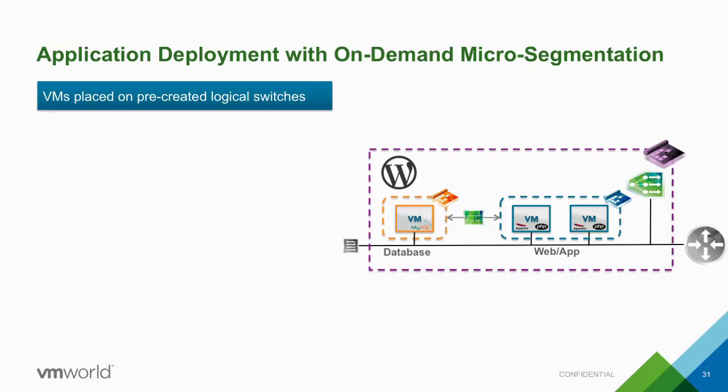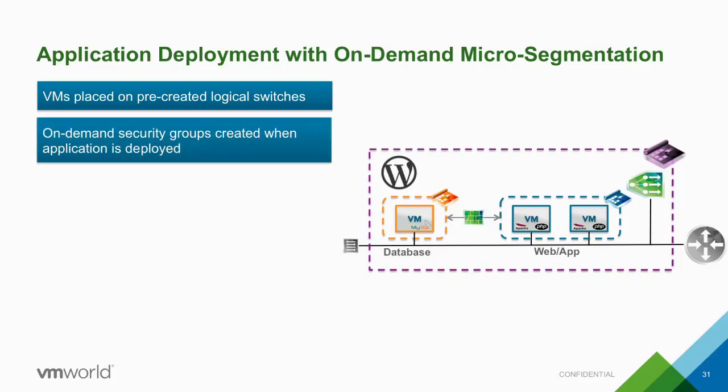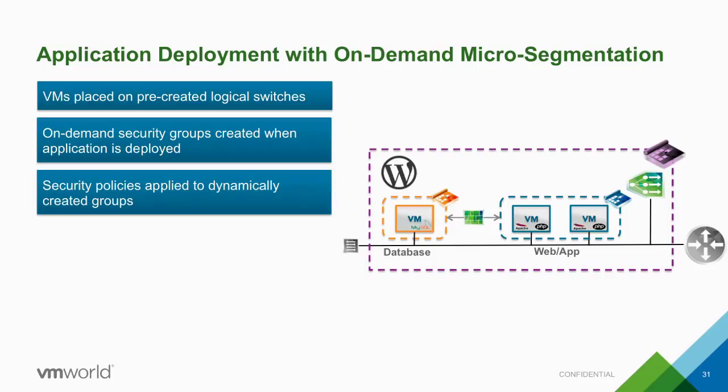In this case, often the IP addressing for the network is done manually, but the VMs are still dynamically addressed. The key thing here that's interesting is that the security is still done on demand, meaning that firewall rules are only created when the app is initially requested, and when the app goes away, the firewall is automatically cleaned up so that you don't have leftover firewall rules in your firewall rule table.